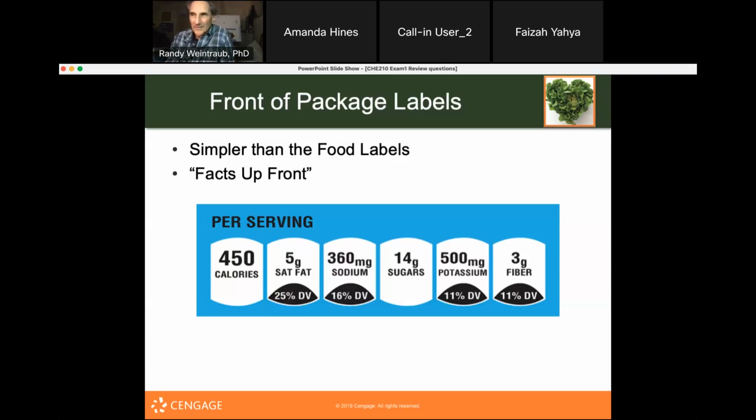The last two are kind of positive things, right? Potassium is often deficient in a lot of eating patterns, and so is fiber for sure.